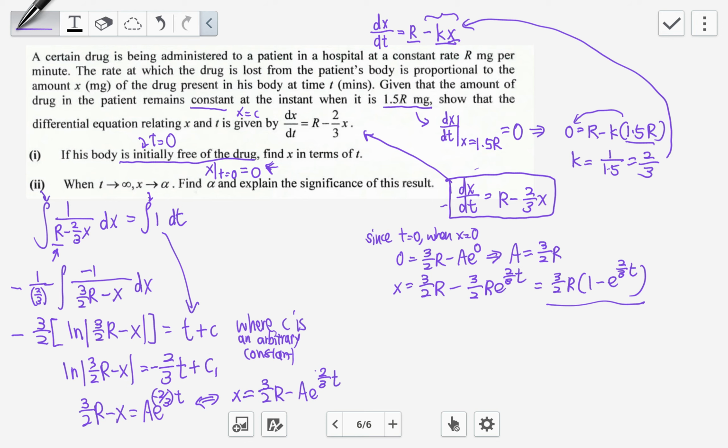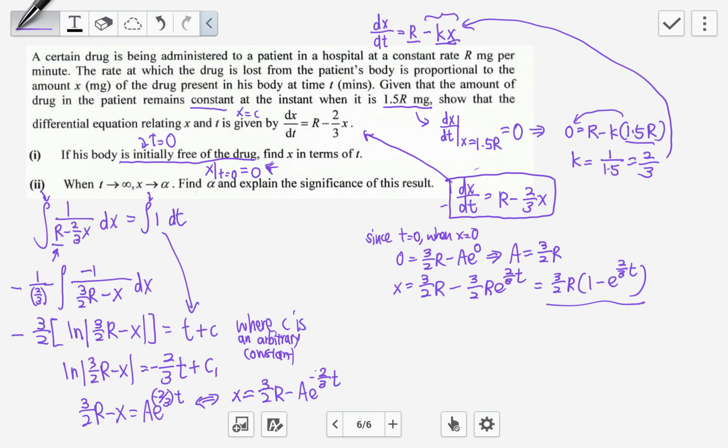Then a equals to e^c1, doesn't change. Now everything is correct except for this, there should be a negative sign over here: x equals 3 over 2r minus a e to the minus 2/3 t.